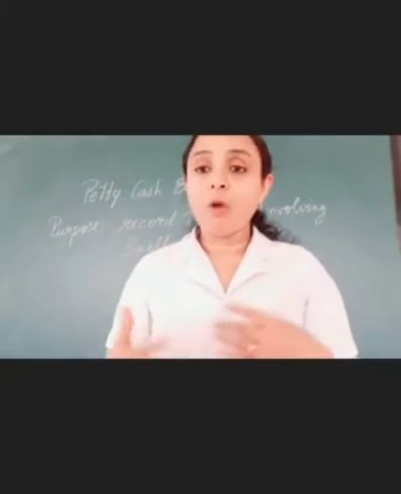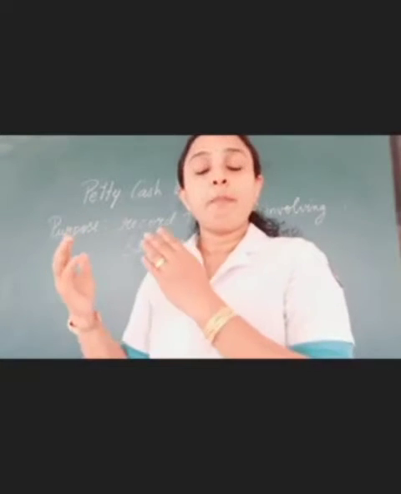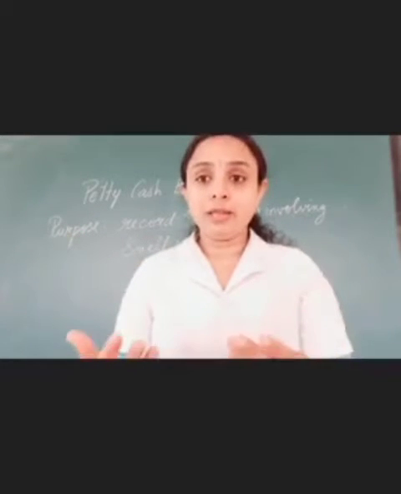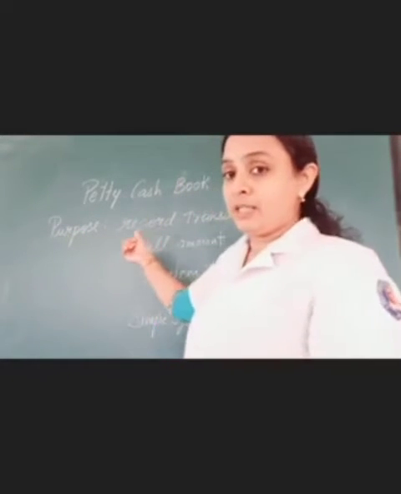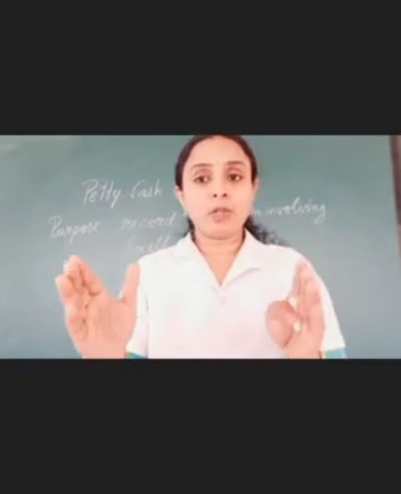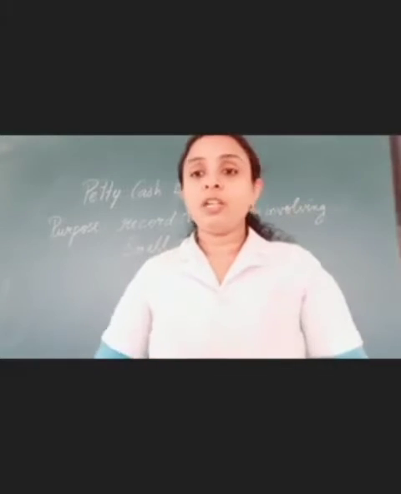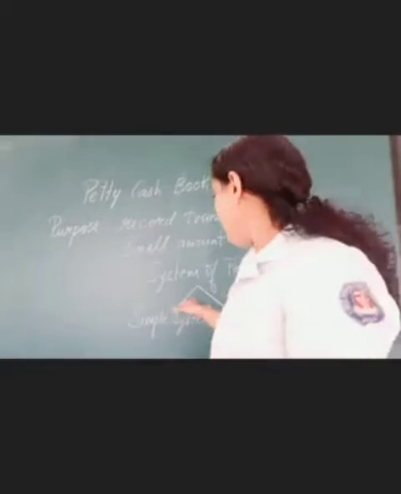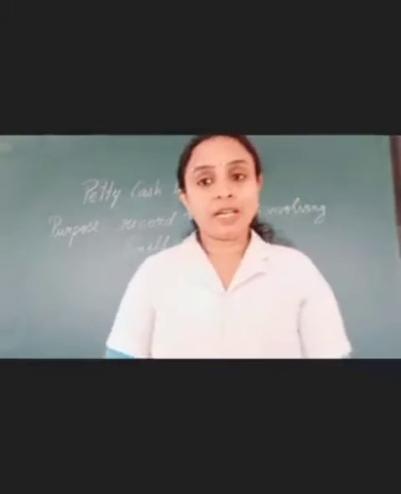So whatever amount is spent by the petty cashier during that month towards these petty expenses will be recorded in the books of account, and the same will be handed over to the head cashier. So that is the system followed by the simple system of petty cash book.